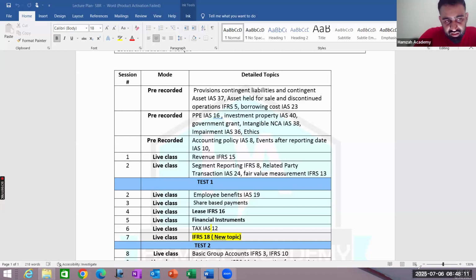The classes which would be taking place on 3rd of August and 10th of August, in these two classes, I would not be available. I would be traveling. I have to go abroad for something. So the classes on 3rd August and 10th August, I would not be taking.